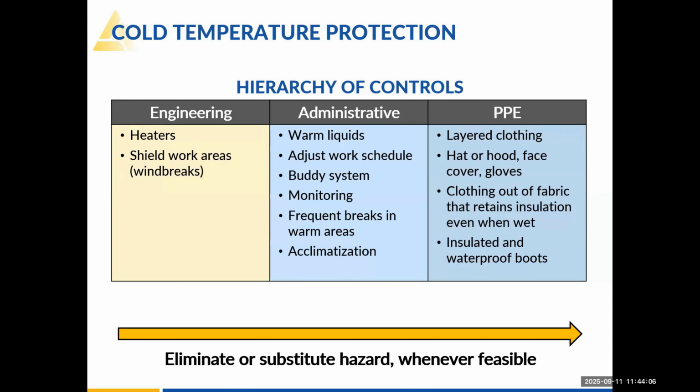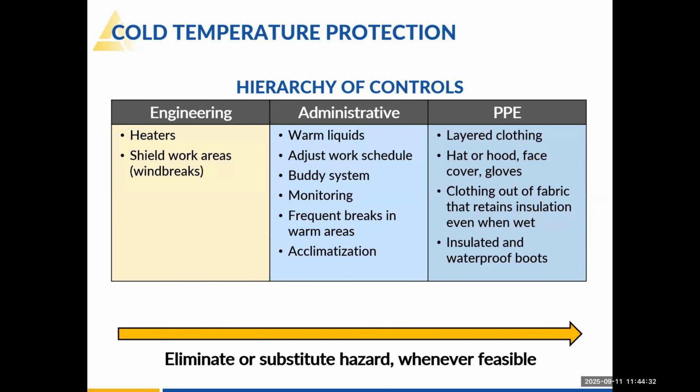same exact thing. We as Minnesotans, upper Midwesterners, can acclimate to cold weather pretty easily, but at the same time, we want to make sure that we're providing heated areas and shelter from the wind, and the same thing with administrative controls: adjusting those work schedules and taking breaks in warm areas are a couple examples there.